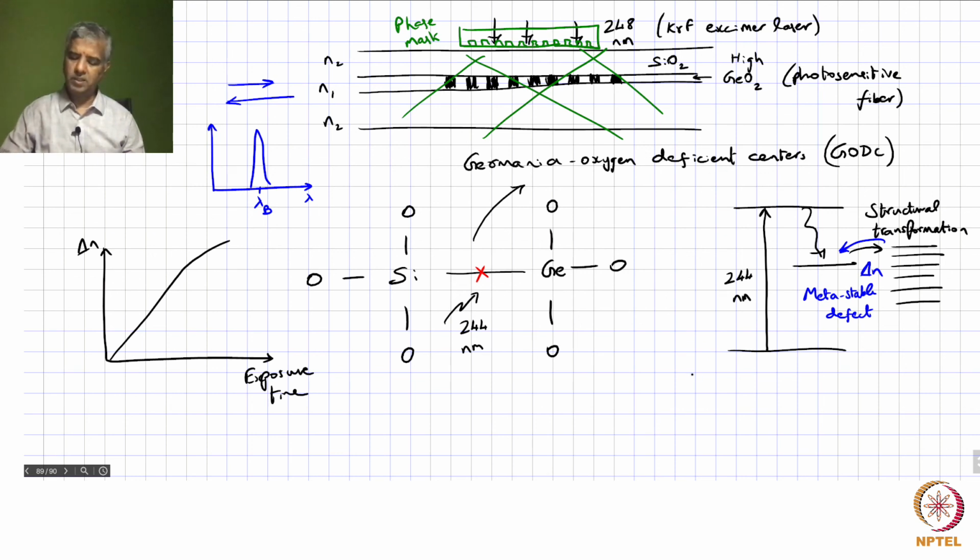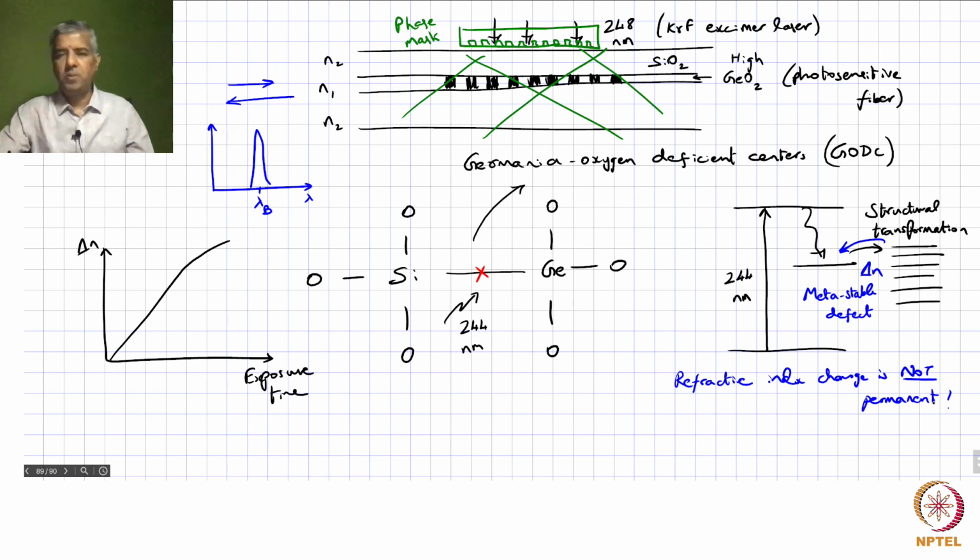What that means is your refractive index change is not permanent. So, you have a fiber Bragg grating, say with a reflectivity of 99% today.